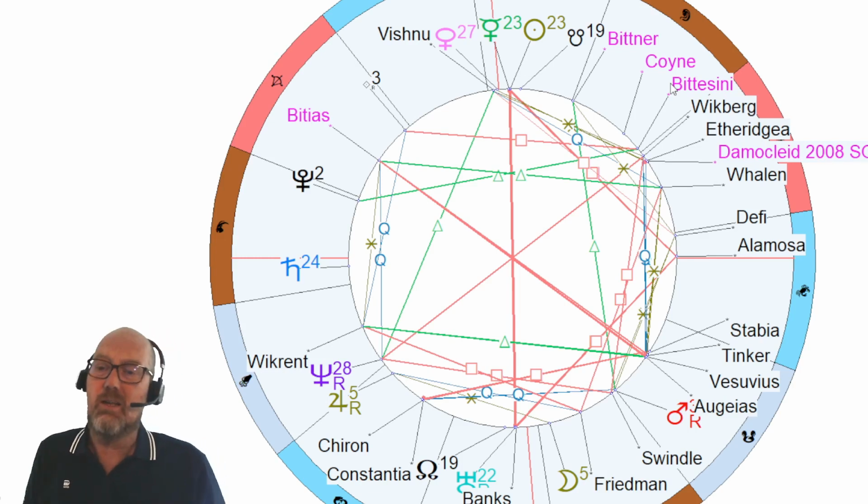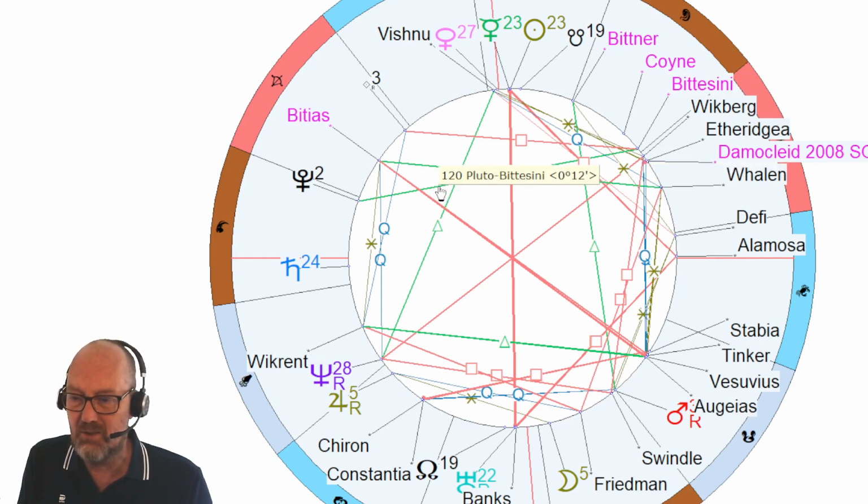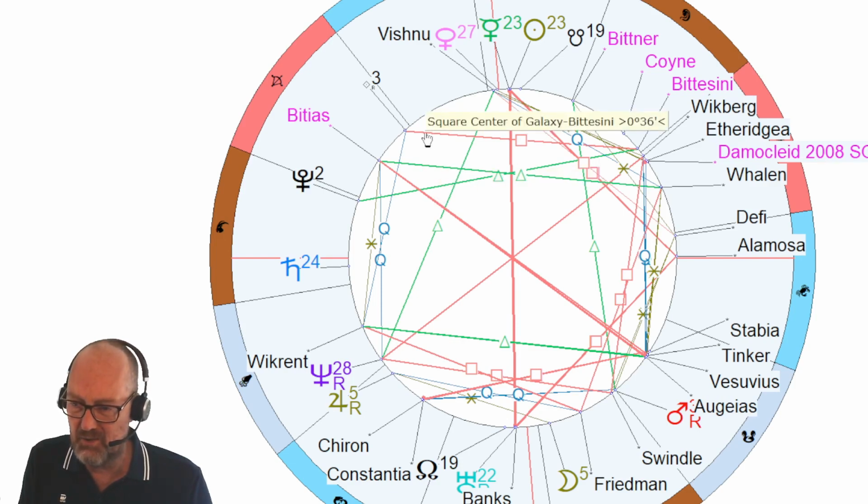And again, my theory is not waterproof, because Bittesini is also strongly aspected. It is trine Pluto, so Bittesini is definitely doing some stuff, also squaring the center of the galaxy here.